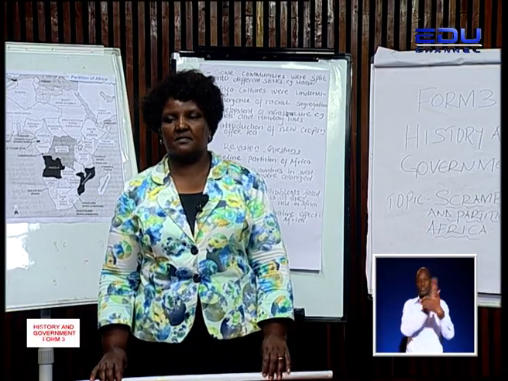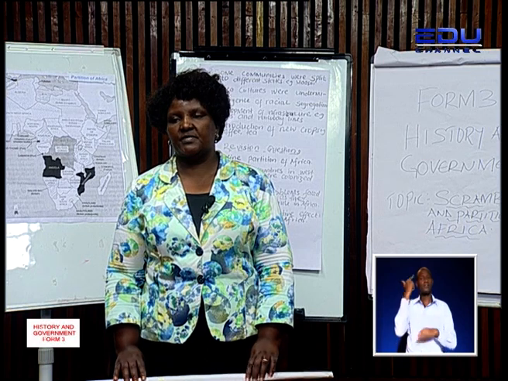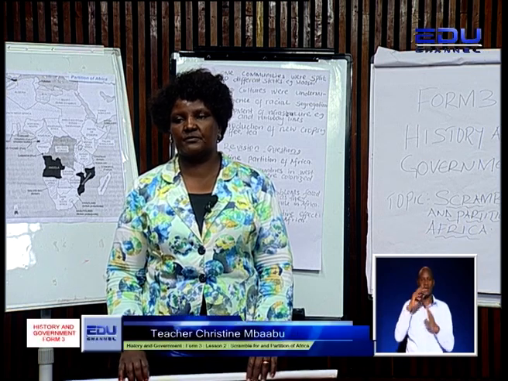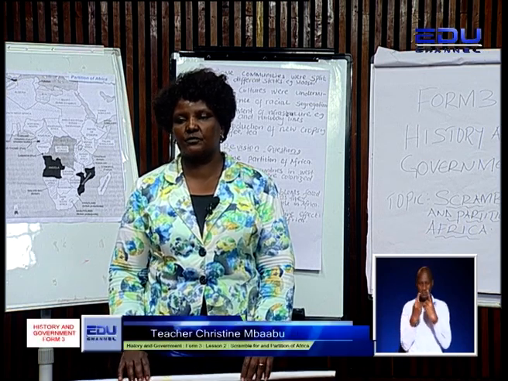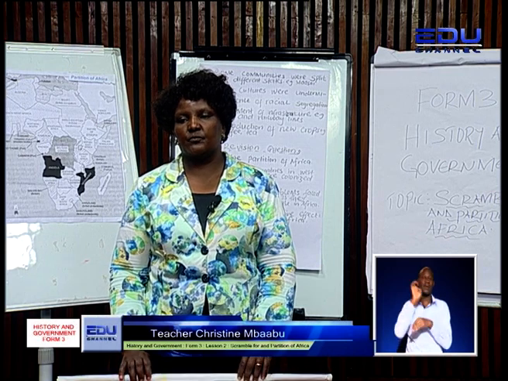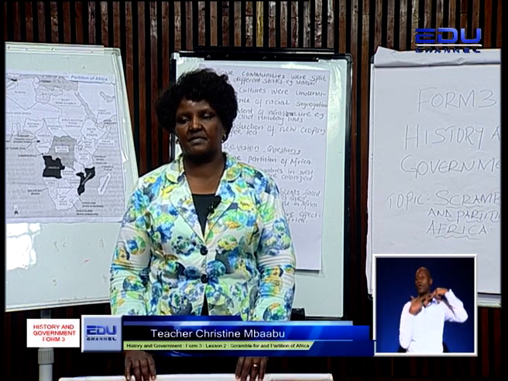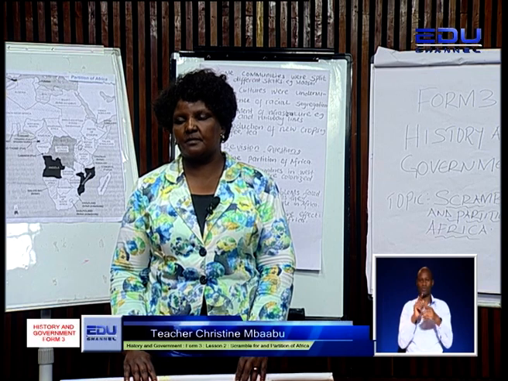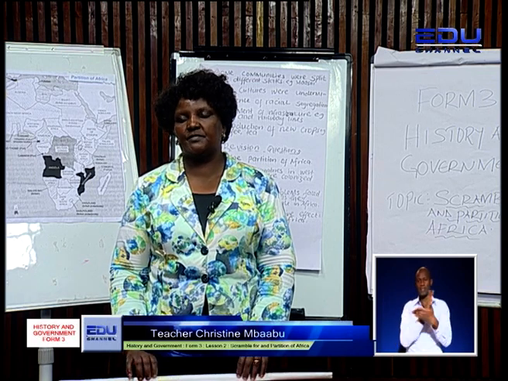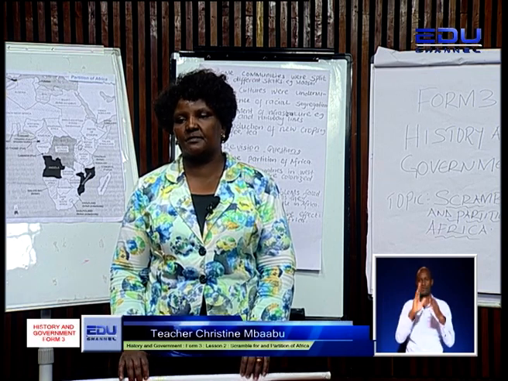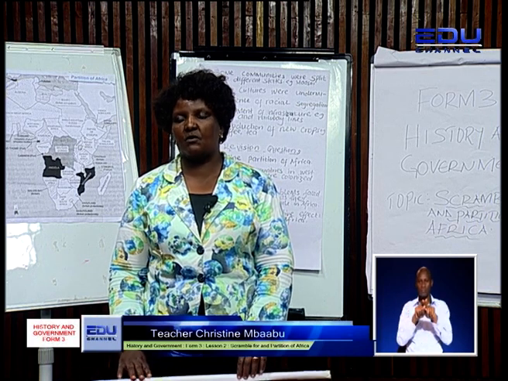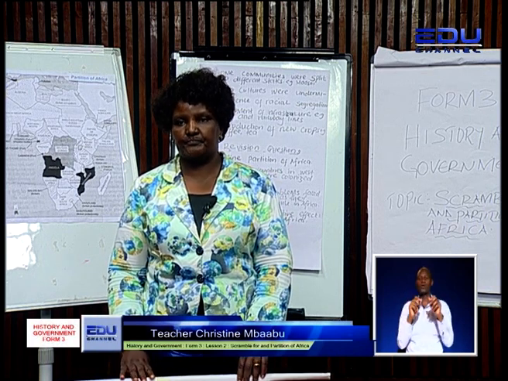In our last lesson, we discussed methods used by Europeans to acquire colonies. We also looked at the causes of the scramble and the partition of Africa. Today we will continue with the same topic and look at the process of partition.